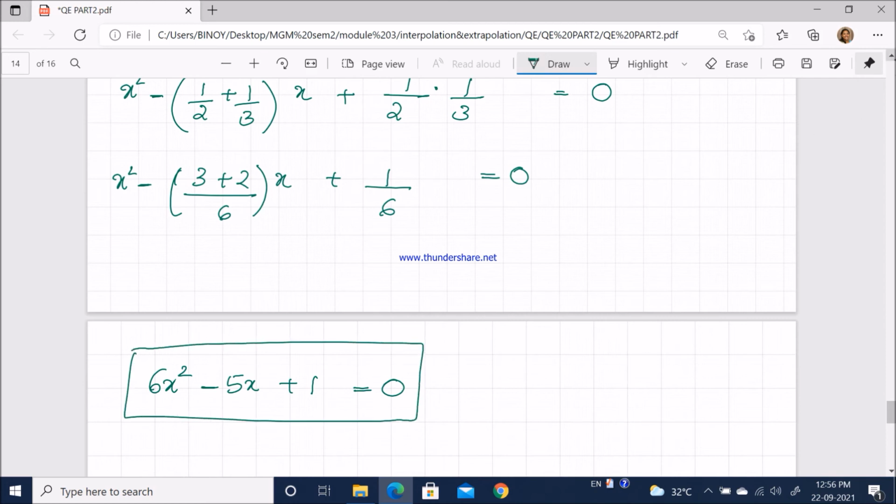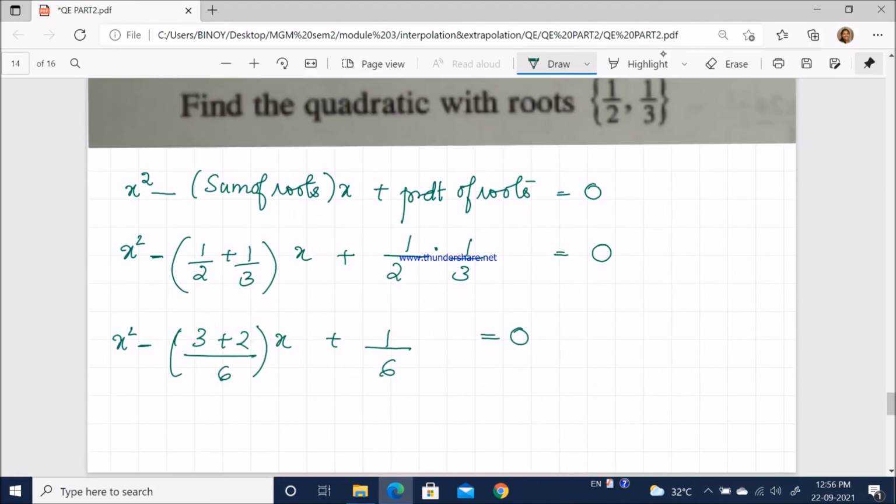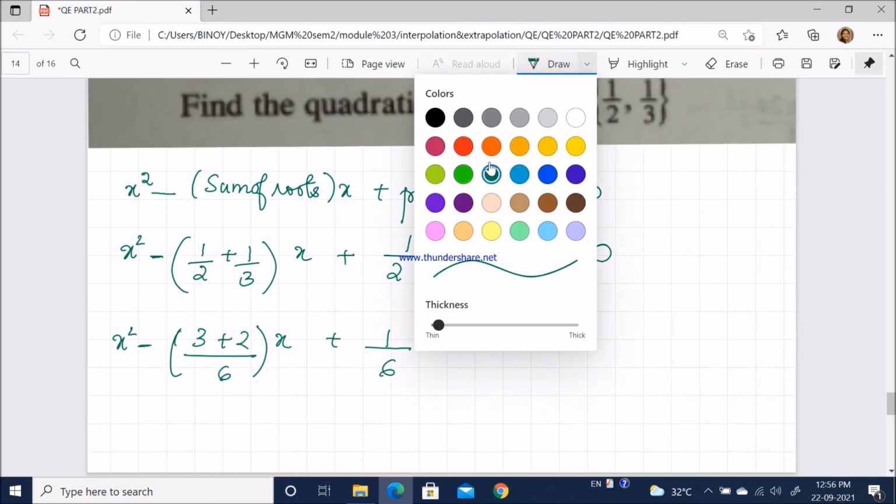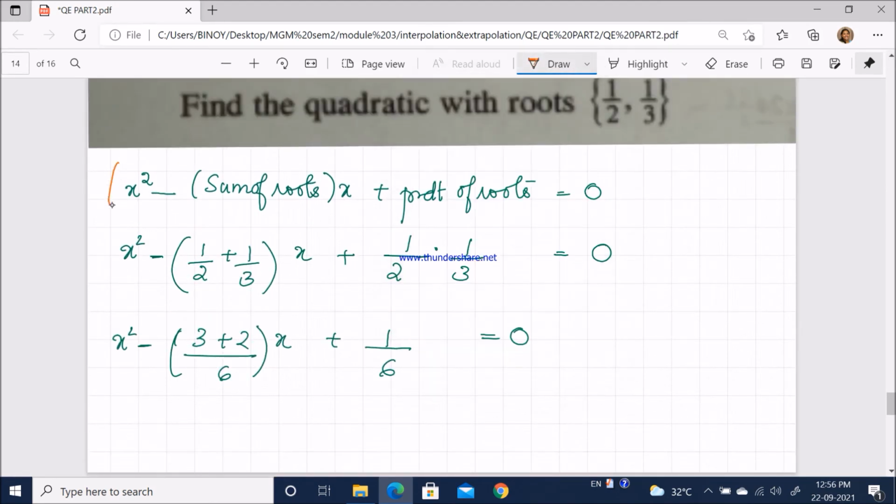Whenever the roots are given, what we have to do is substitute in the general form of the quadratic equation, which is x² minus sum of roots into x plus product of roots. So substituting the value of the roots, 1 by 2 plus 1 by 3 into x plus 1 by 2 into 1 by 3 equals 0.